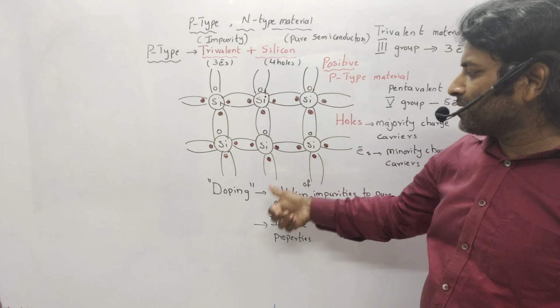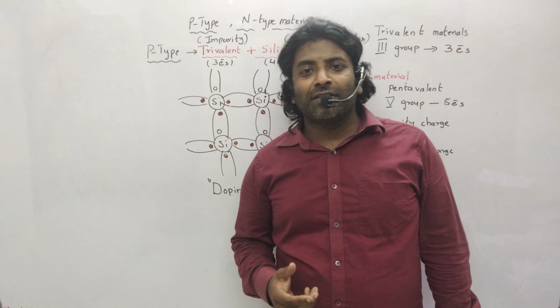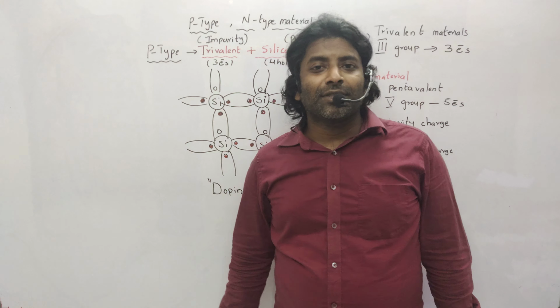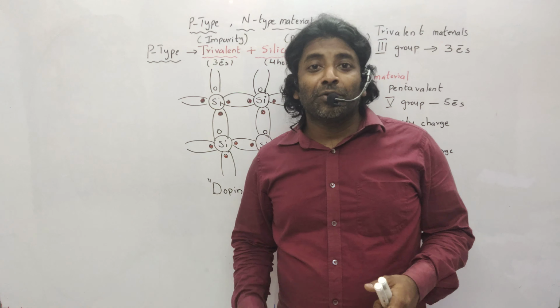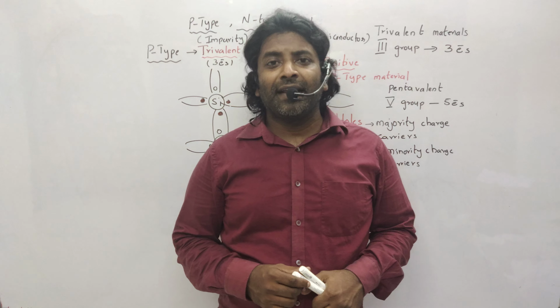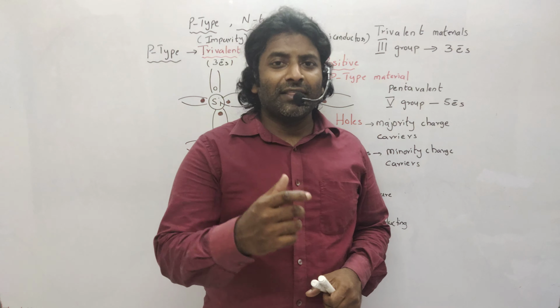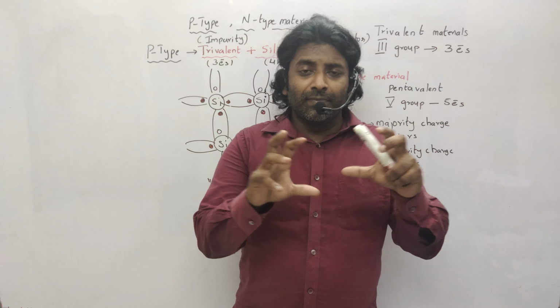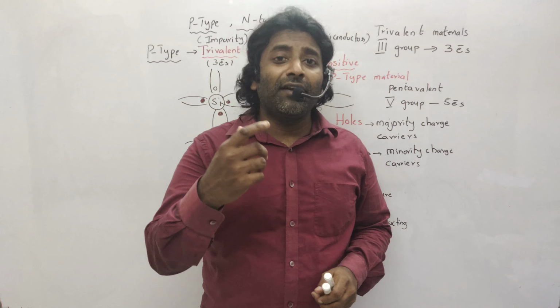To improve the electrical conducting properties, and to utilize it in electrical power systems, we need to dope the semiconductor. This is the story of p-type material, and in the next session we will understand n-type material, and along with that we will understand the nature of the diode and power diode.